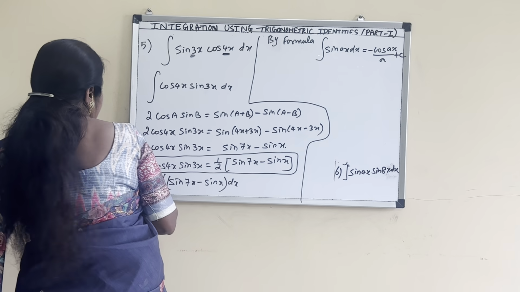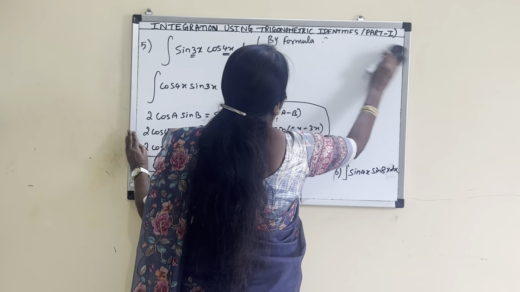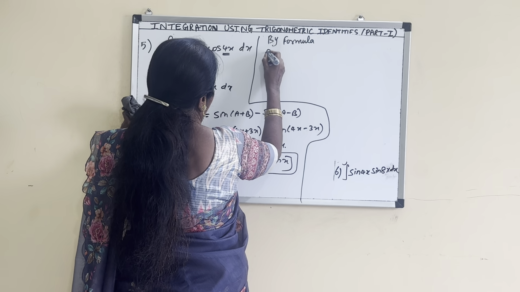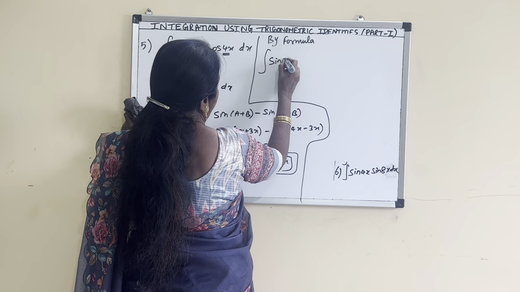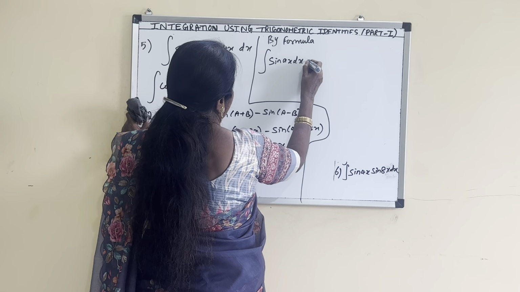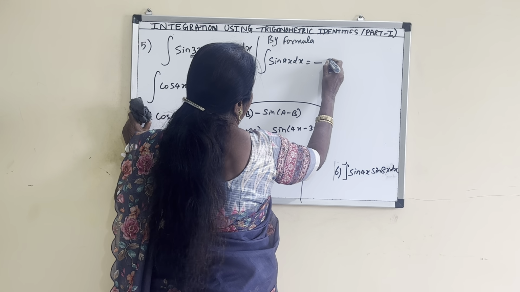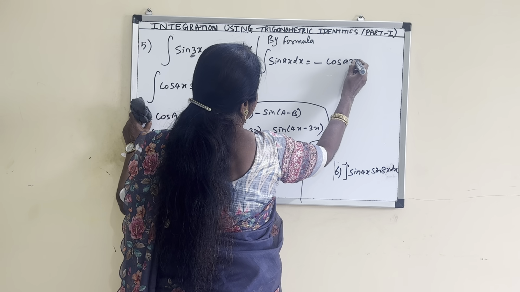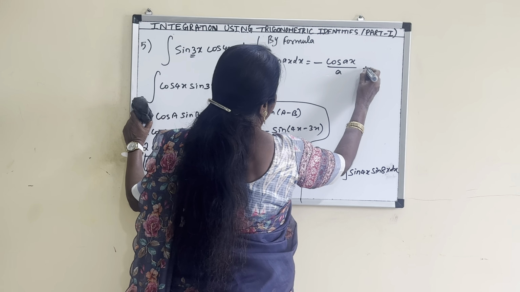So you will write clearly: integration of sin ax into dx equal to minus cos ax by a plus c.